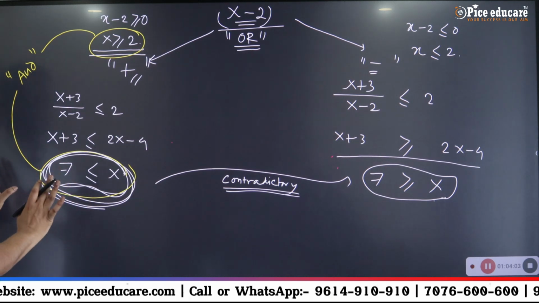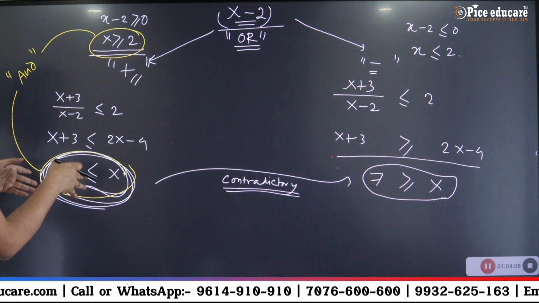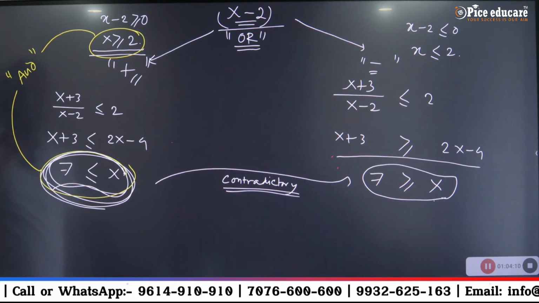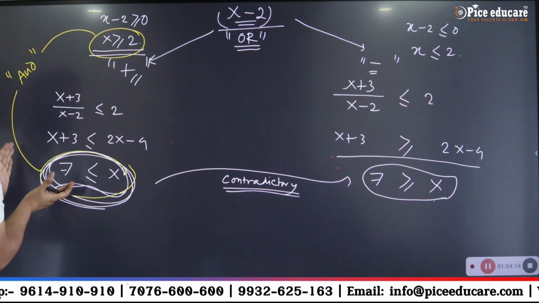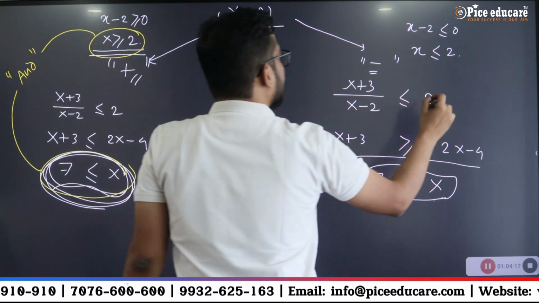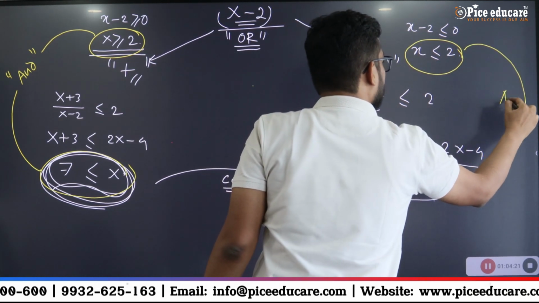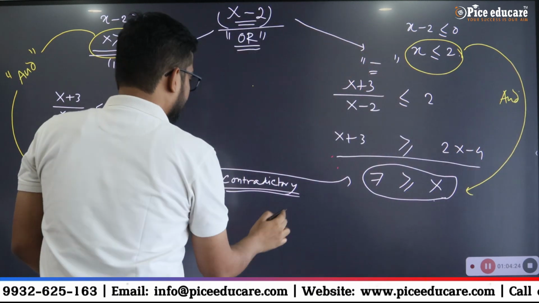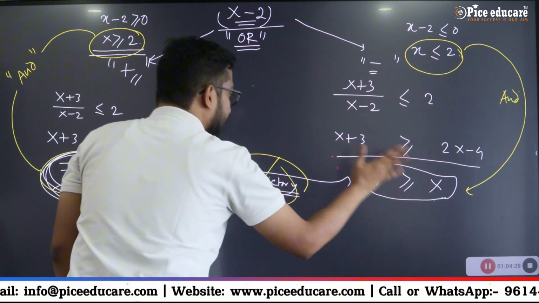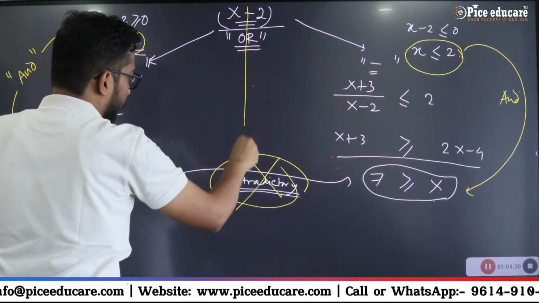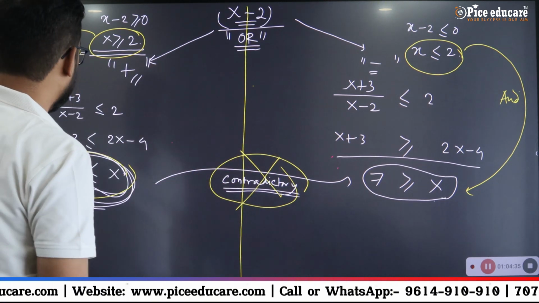For the moment, it sounds a little weird, but it will make sense shortly. So there is no contradiction actually, because this and this are not happening at the same time. There is a branching out. Basically, these two things are completely separate. I hope this is clear.